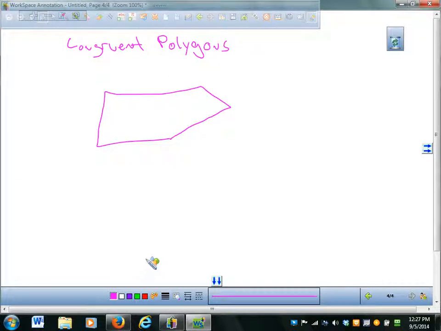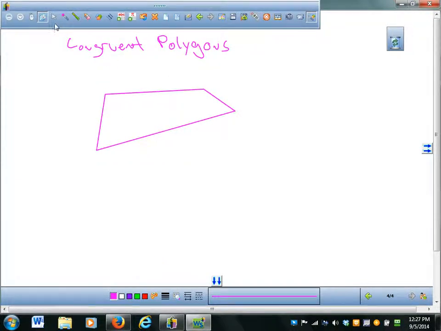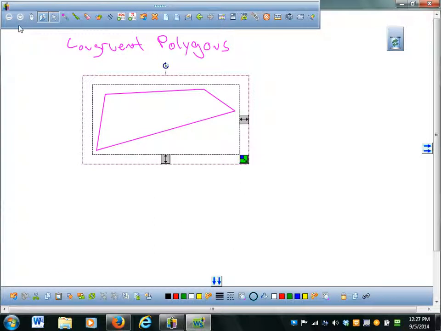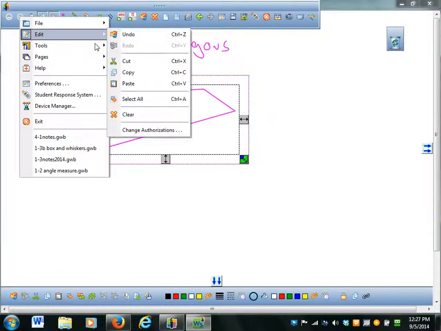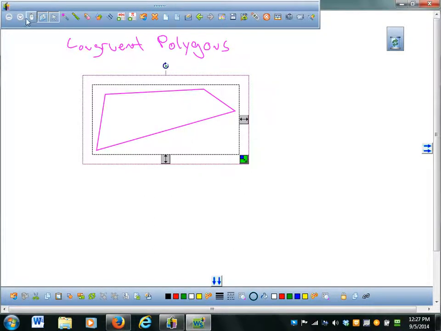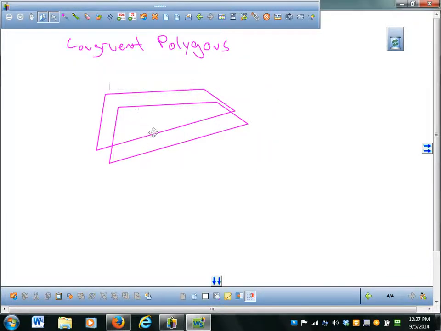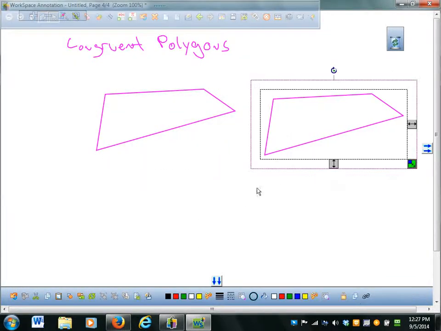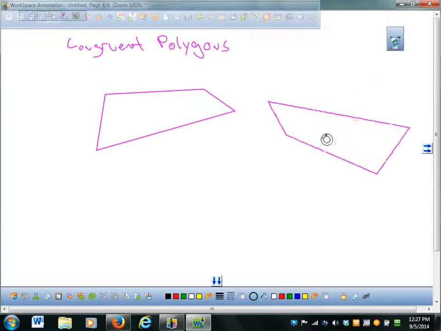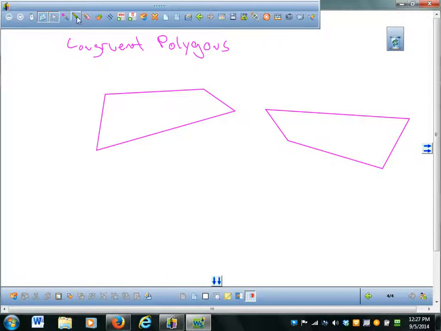Think about it. There's one. I'm going to make a copy of this. Now I'm going to take this polygon and do something to it. Whoa. Isn't that cool?